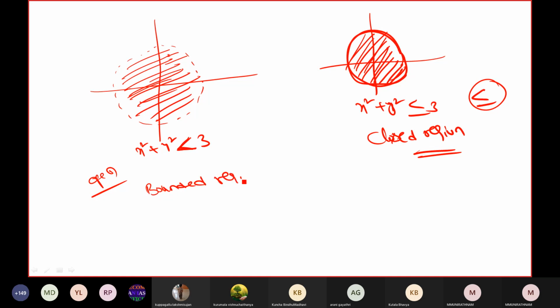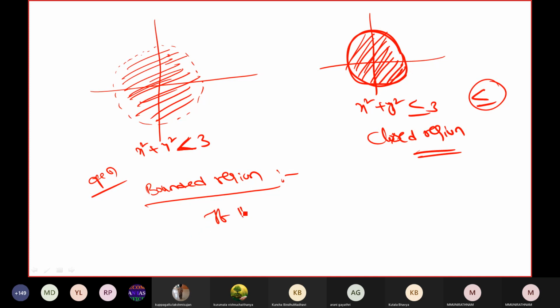Bounded region: a region is bounded if it lies inside a disk of fixed radius.